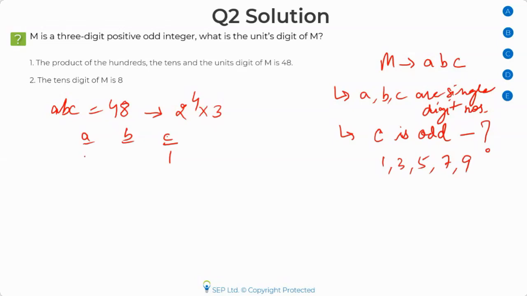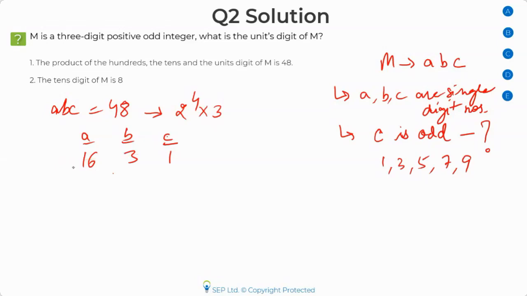One way is to give 2 to the power 4 here and 3 here. I'm trying to start with the smallest possible number for B. So if I take B as 3, A can be 2 to the power 4, which is 16, which is not possible because A, B, C are single digit numbers. So this case is not possible.